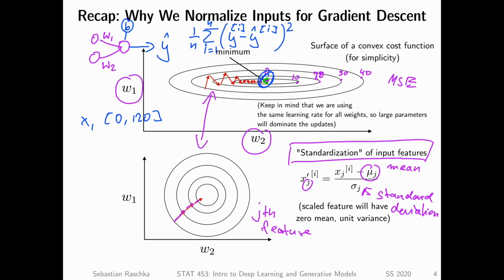As a consequence, the new mean will be 0, and we will have unit variance and a standard deviation of 1 then also. And this is one common way of standardizing features.